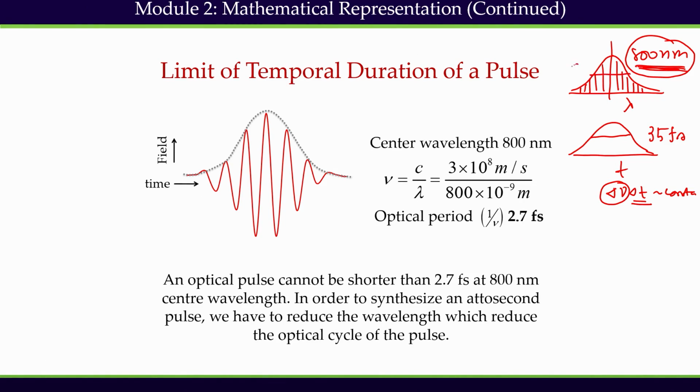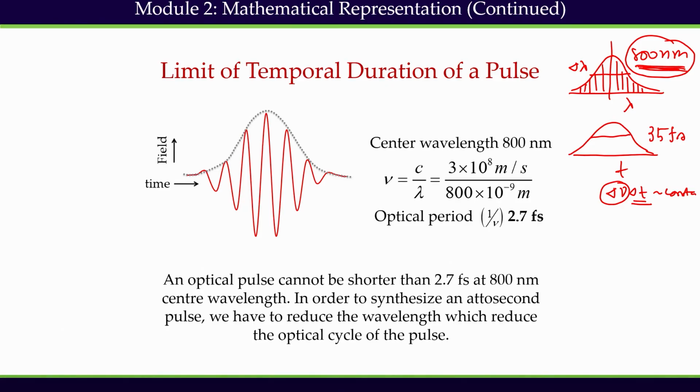This delta lambda has to be large. Now, if I think of a situation where I have enough bandwidth to reduce the pulse duration, the question is, can I achieve the shortest duration pulse? What would be the shortest duration pulse I can achieve at 800 nanometer?